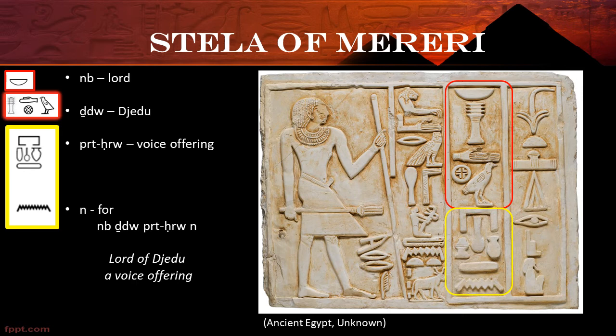So this is the location known as Jedu. This whole red highlighted area is Lord of Jedu. The significance of that phrase goes right back to the previous hieroglyphs of Osiris. This is a common title given to Osiris, Lord of Jedu.